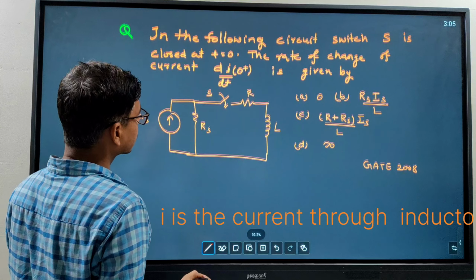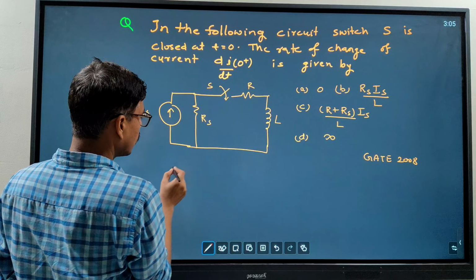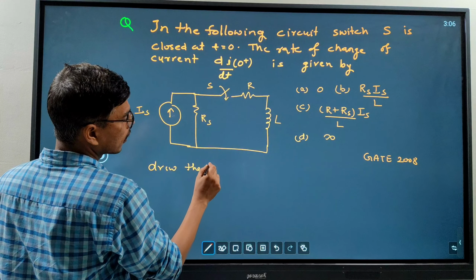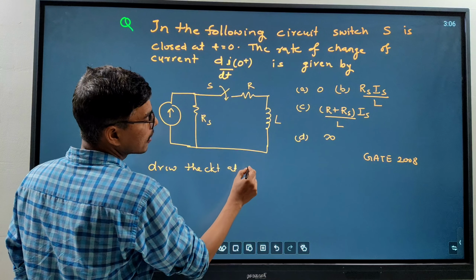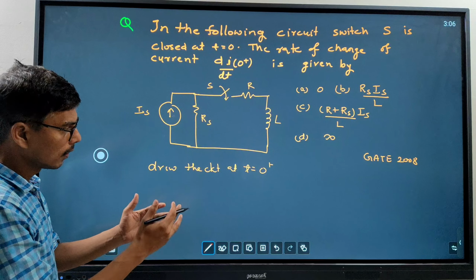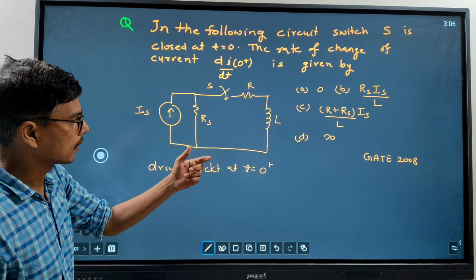We have already discussed that for 0 plus, draw the circuit at t equals 0 plus, and then you can find di/dt at t equals 0 plus.